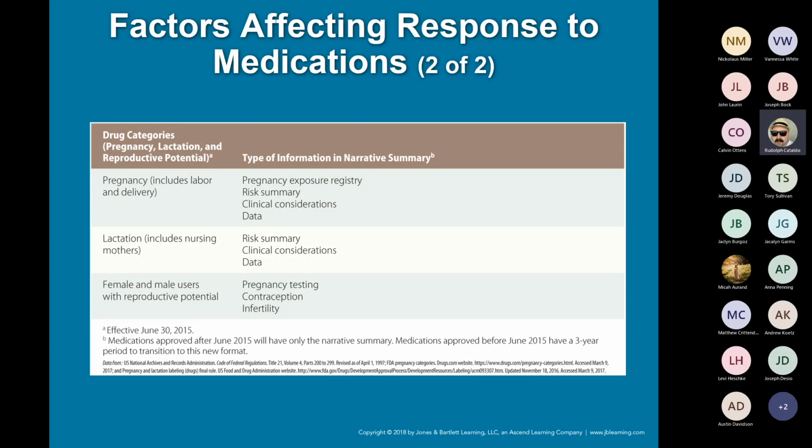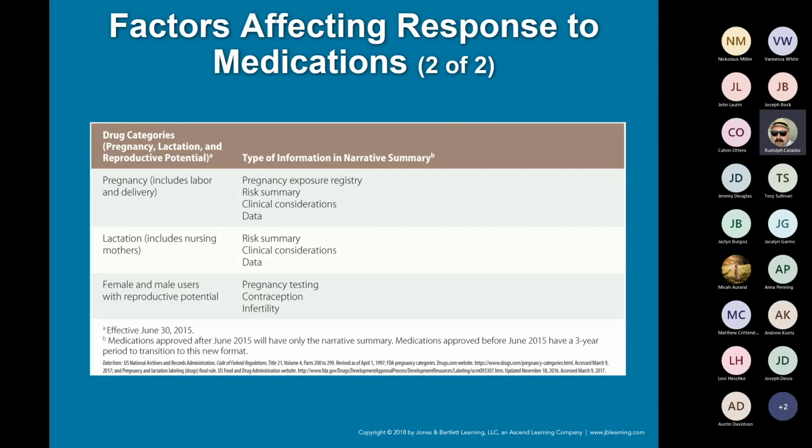Now, some meds can pass through the blood-brain barrier, the blood-placental barrier, and the blood-testes barrier. What that means is the medication will pass through very permeable areas, and it can be unsafe for those conditions.